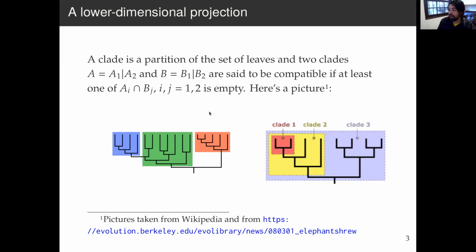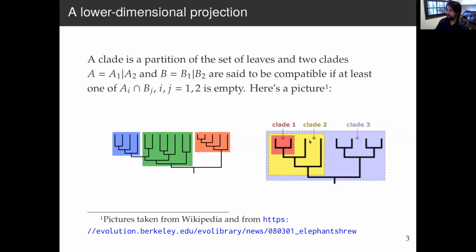Right, so how do we look at this discrete component in a productive way when we have draws from a posterior and want to know if those are good draws? Well, one of the things we can do, not only in phylogenetics, but in general, is look for a lower dimensional projection, right? And here, there's a very natural class of projections, which are clades, right?